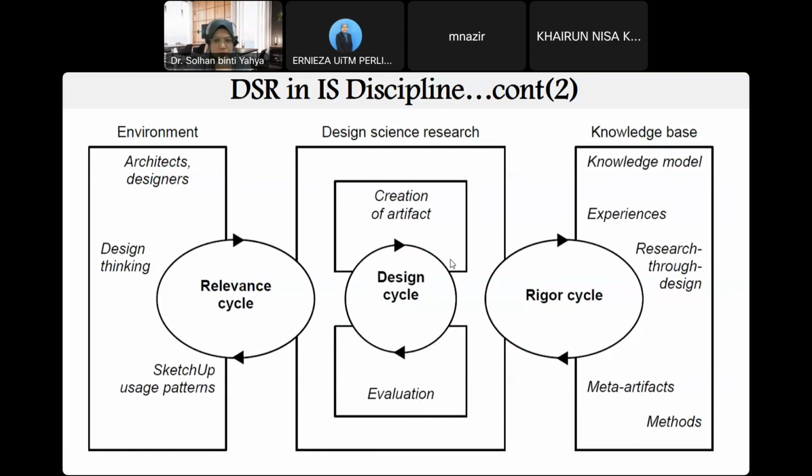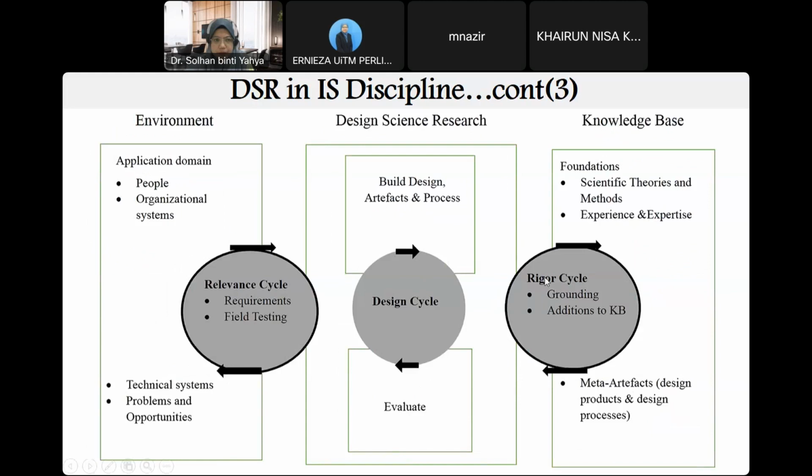A knowledge contribution is created, and it can be sent back through the rigor cycle. In the design cycle, you are always applying the rigor cycle, where you can apply any scientific method, model or construct from the knowledge base. Similar framework: relevance cycle, design cycle, and so on.